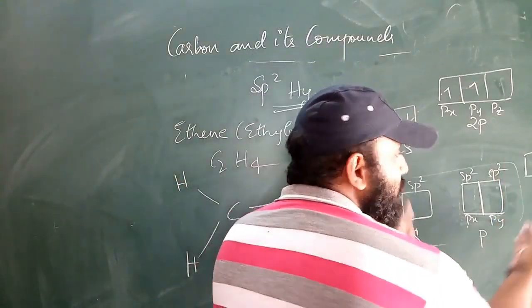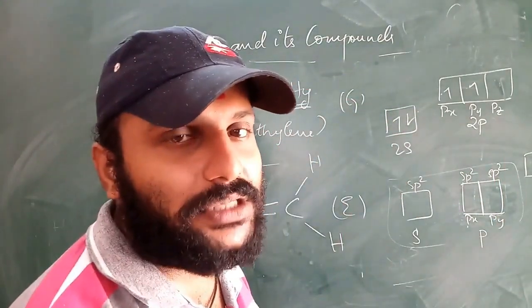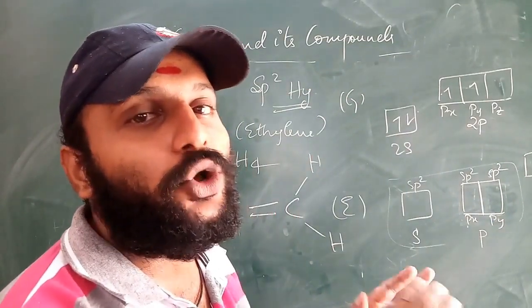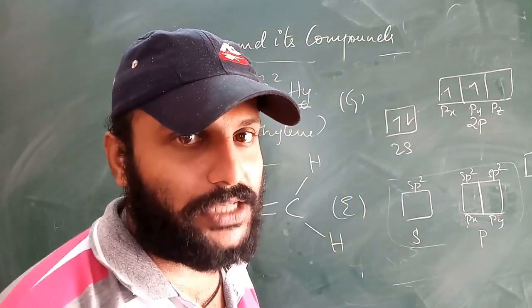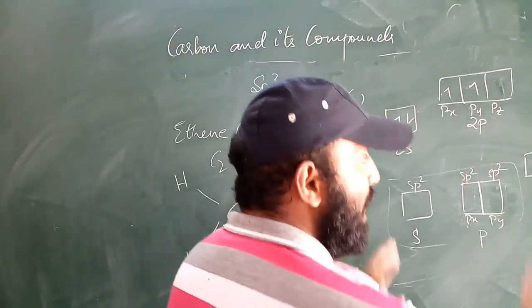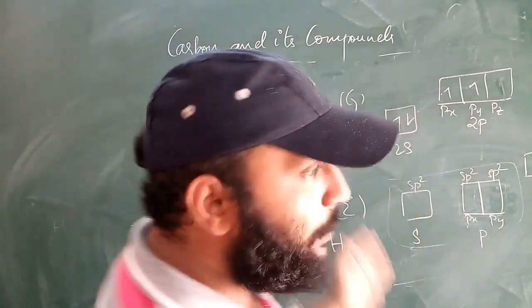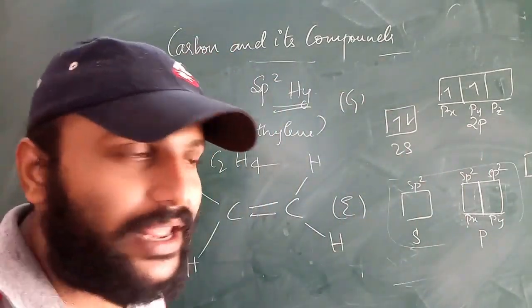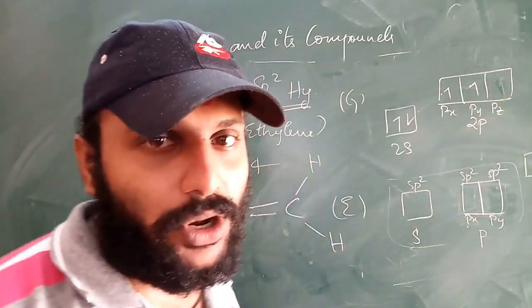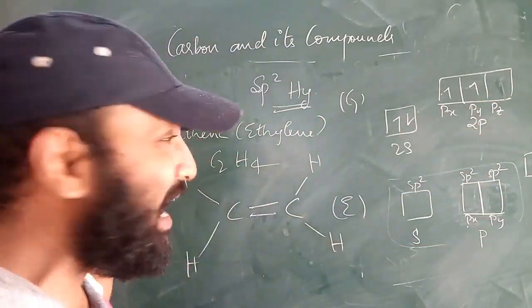Whatever hybridized orbitals are there will go for sigma bonding. Whatever unhybridized orbitals are there will go for pi bonding.